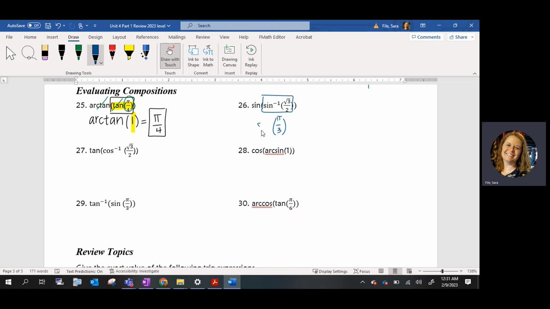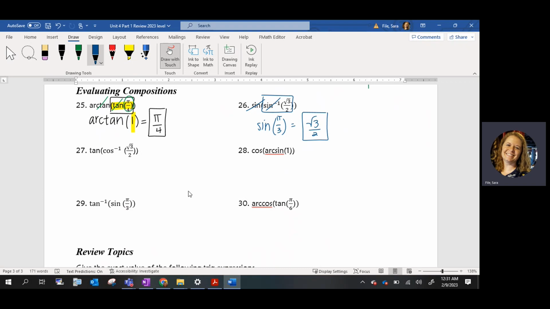And then we've still got the sine. So sine at pi-thirds, if you look at your unit circle, sine at pi-thirds is √3/2. So this is another one that did work out to where sine and inverse sine just reduce, and you're left with your output is the same as the input.